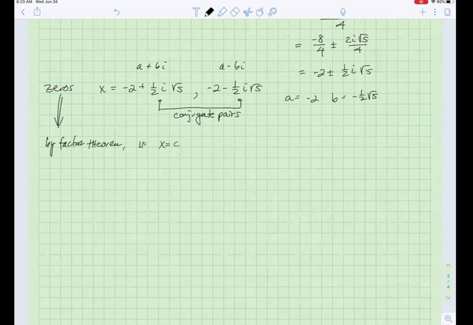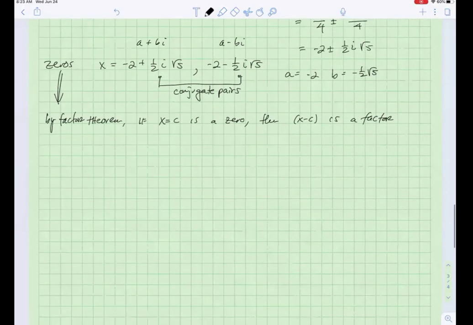if x equals c is a zero, then x minus c is a factor. That's for f of x, right? So this means that f of x factors as x minus (negative 2 plus 1/2 i root 5).